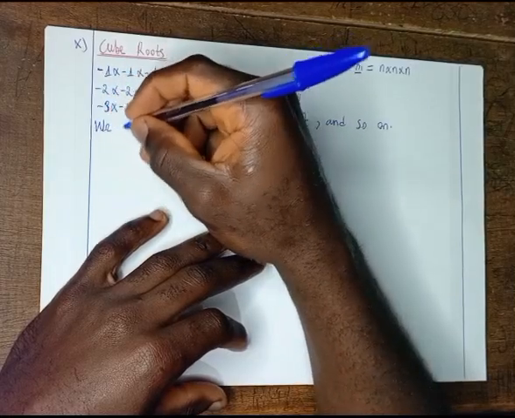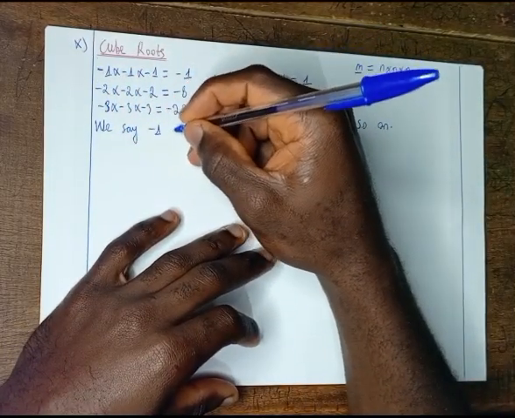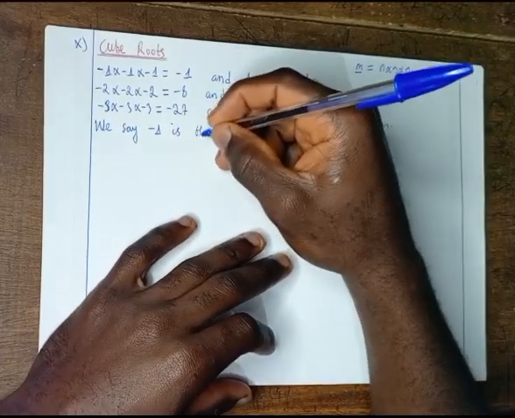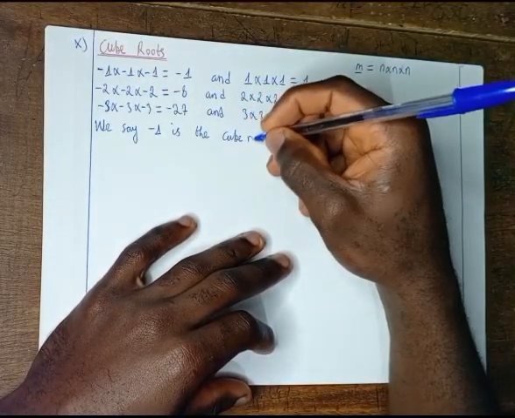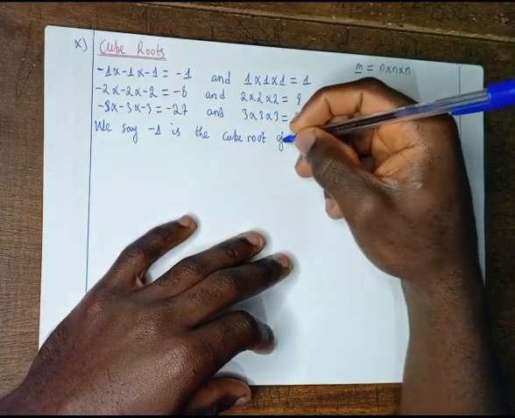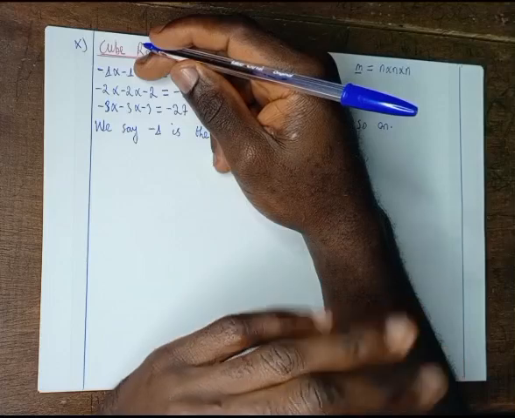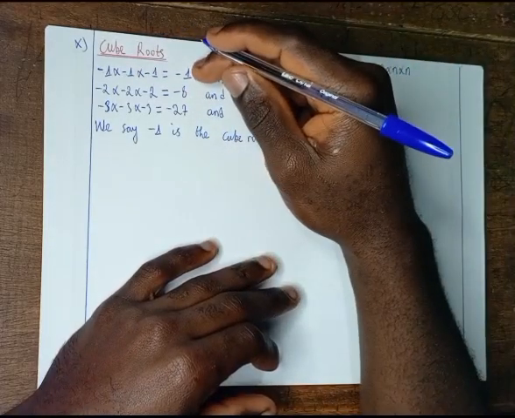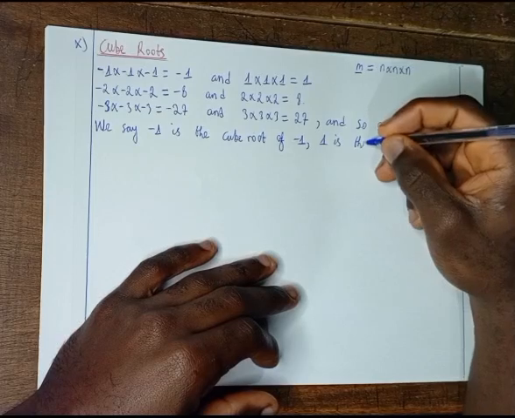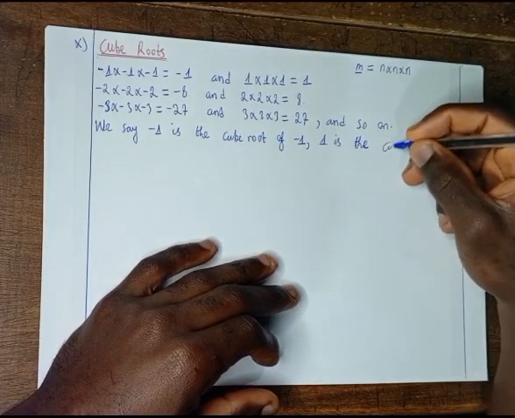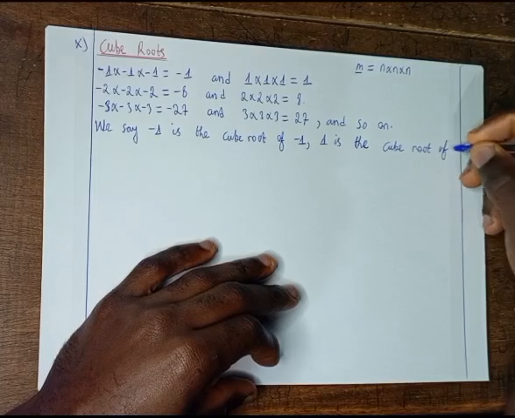We say -1 is the cube root of -1, because if you multiply -1 by itself 3 times, you obtain -1. 1 is the cube root of 1.